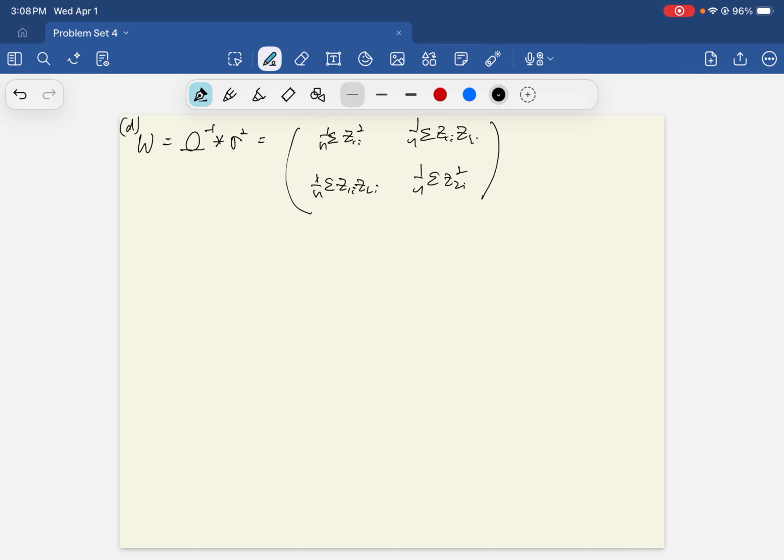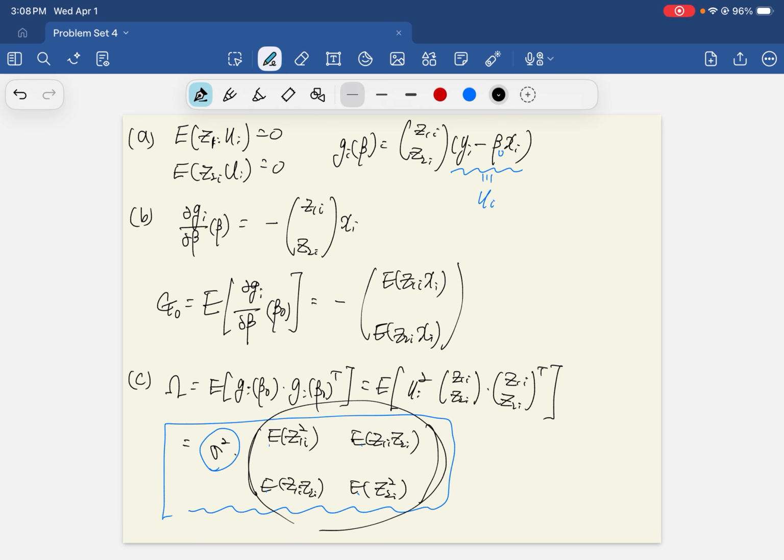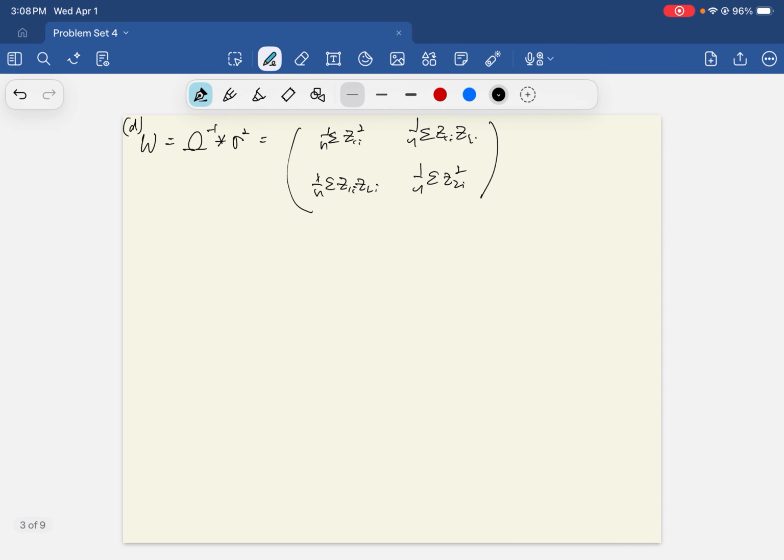This much is this part. Okay, so we are going to take its inverse. You may do it by hand, or you may do it on computer. It's up to you. I'm not going to calculate this any further.